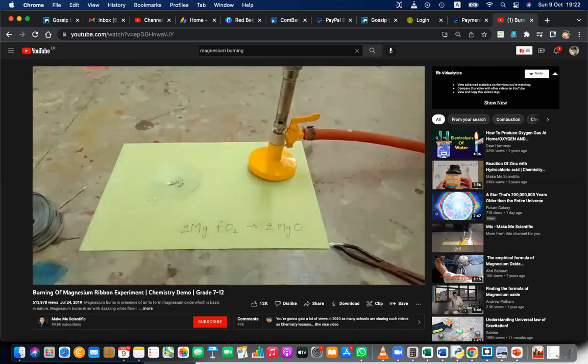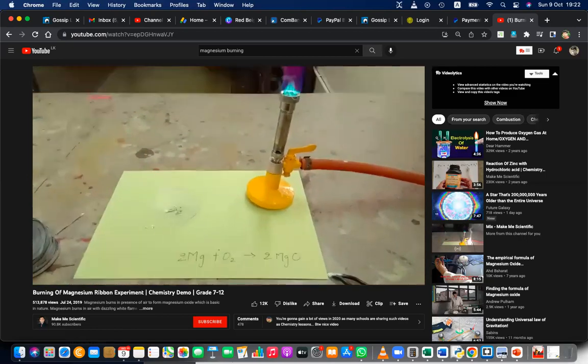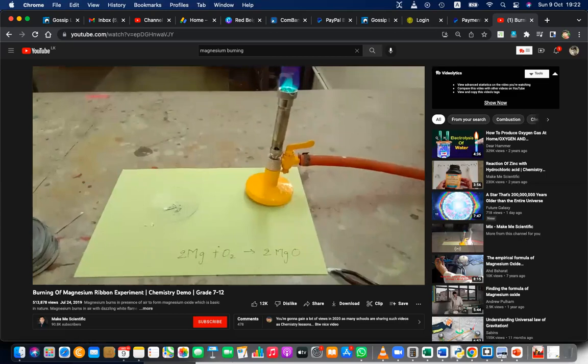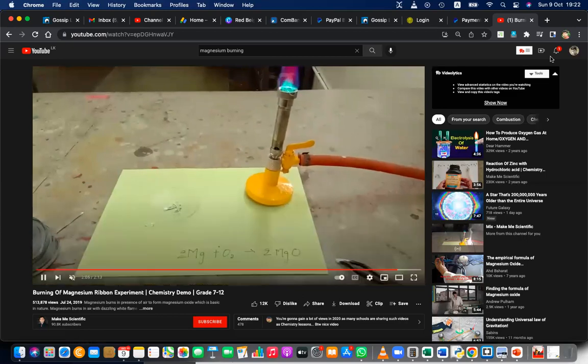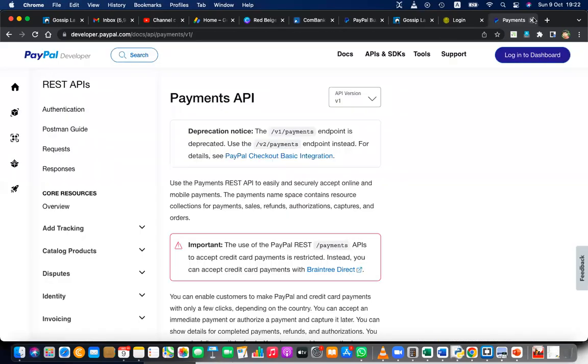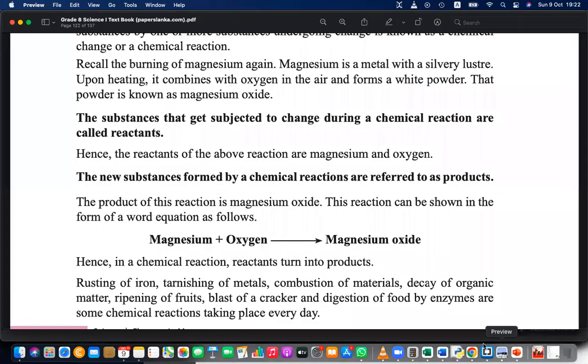You can see it forms a white, ash-like substance. That is magnesium oxide. Okay, so think about that and tell me what will happen when you are burning this iron wool.